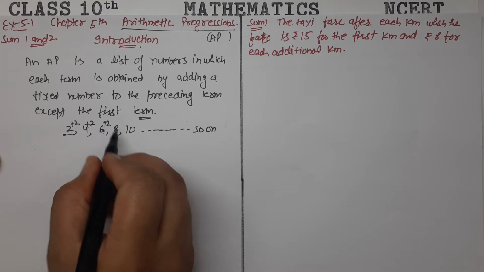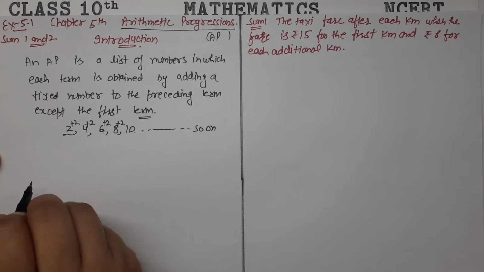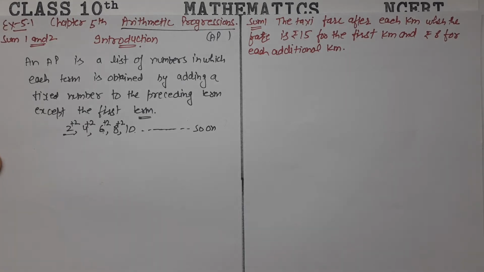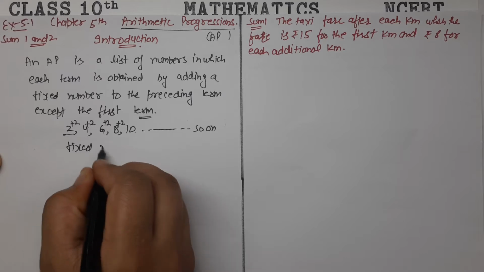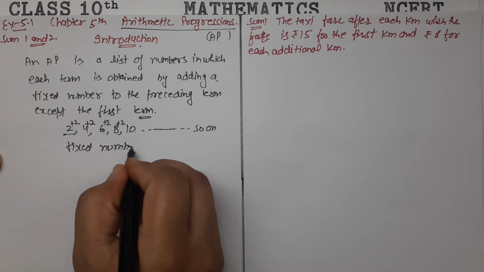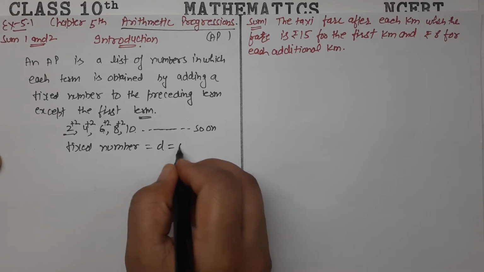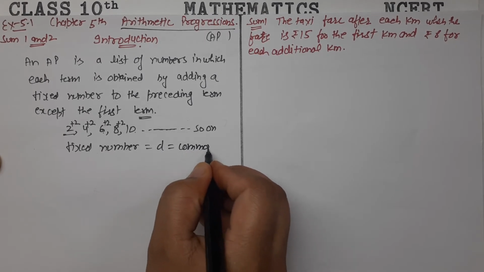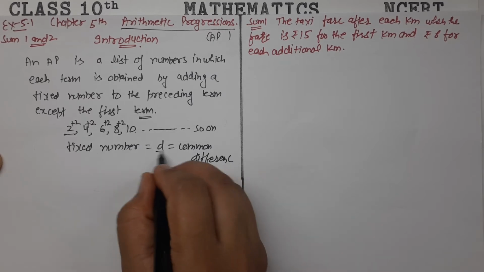Again we add 2, it becomes 8. Then again 2, it becomes 10 and so on. This fixed number is called D, that is common difference, denoted by small d.